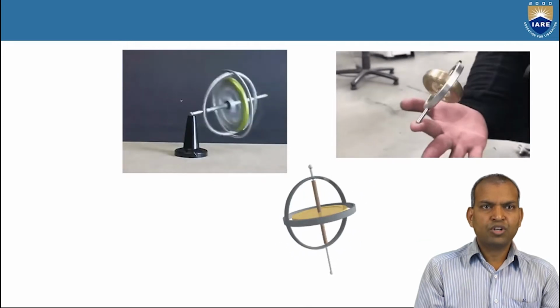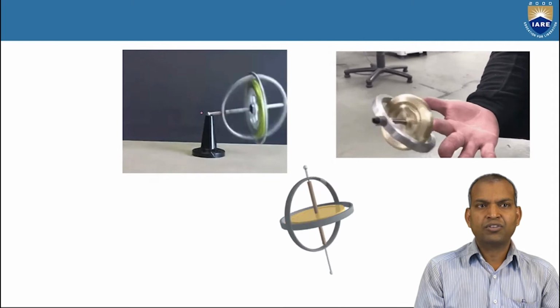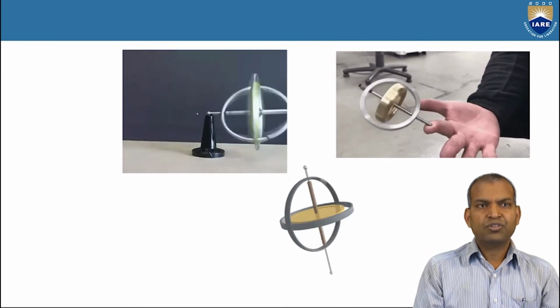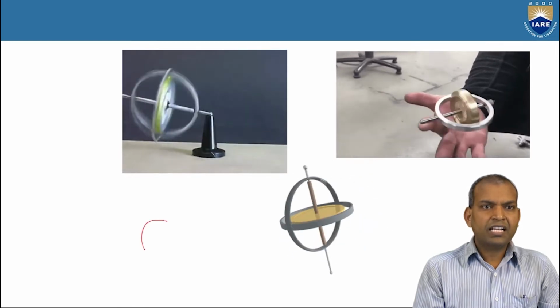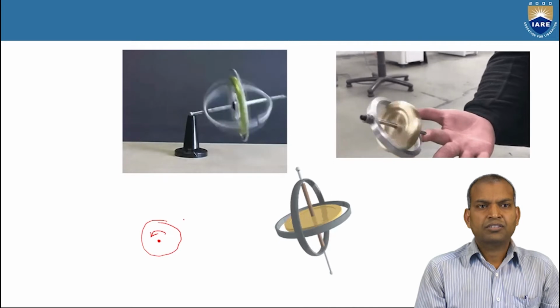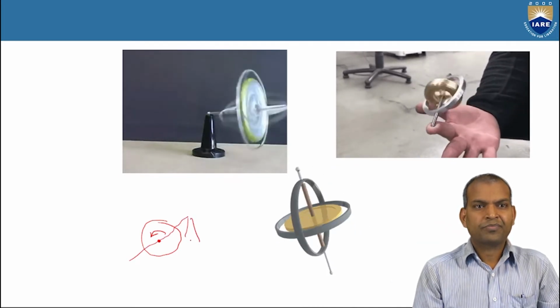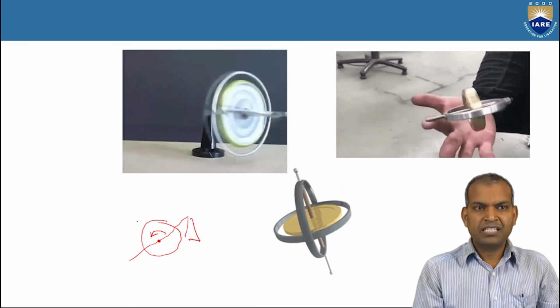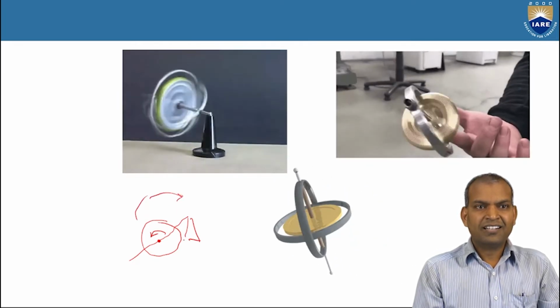Now after giving motion to the disc and attaching it at one end, it started rotating. Now you may ask a question: generally when the direction of rotation is in this direction, what is the direction of the precessional motion? Is it in the forward direction or in the reverse direction?